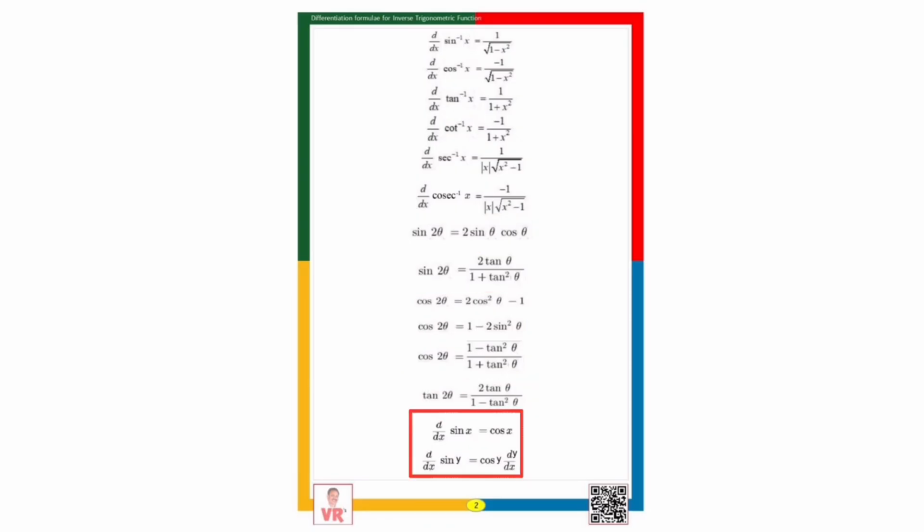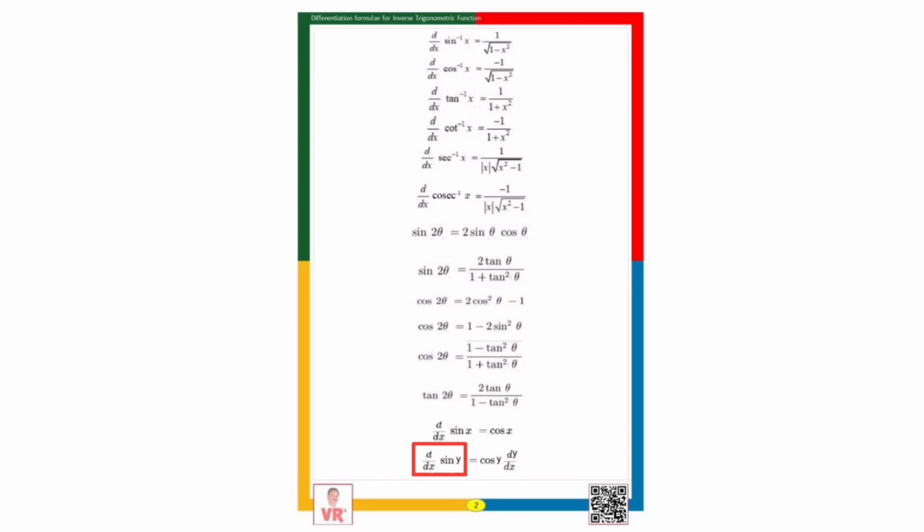Next, last thing to be noticed. d/dx of sin x equals cos x, we know. But d/dx of sin y equals cos y dy by dx. See, y is differentiating by x.